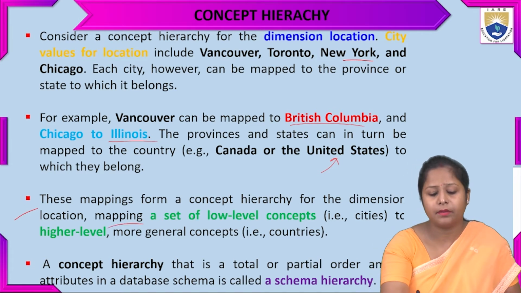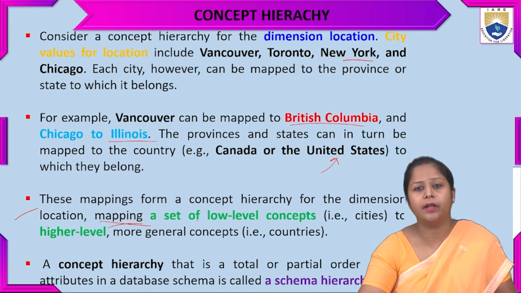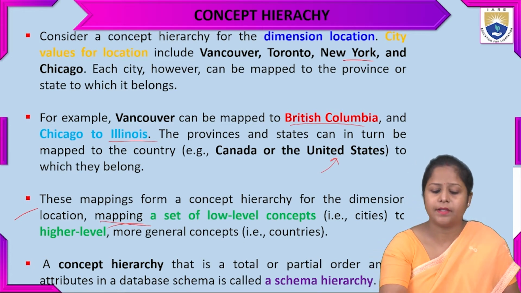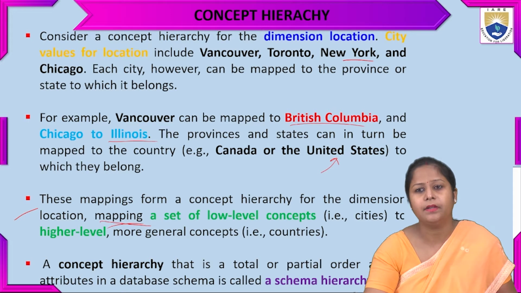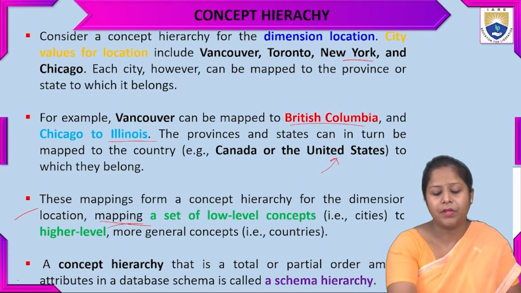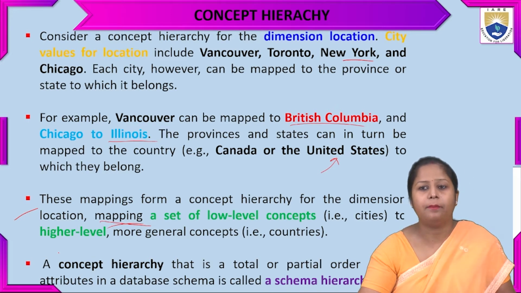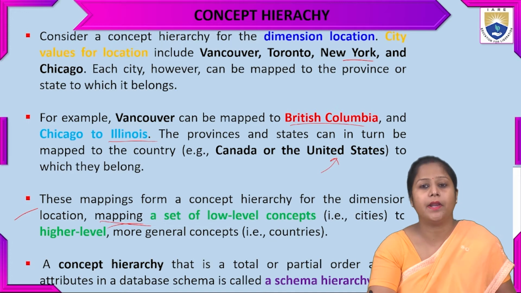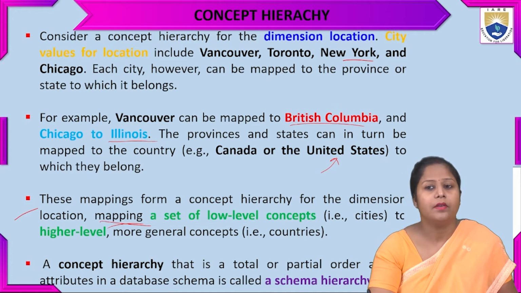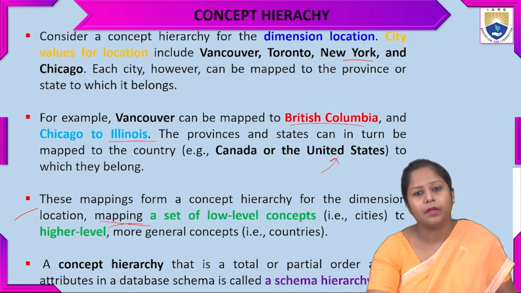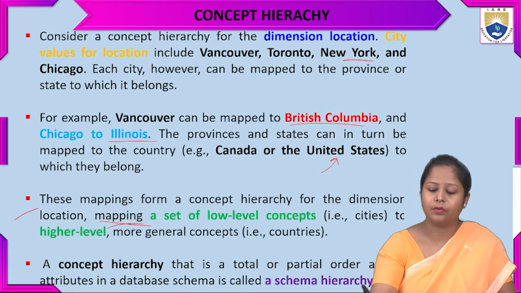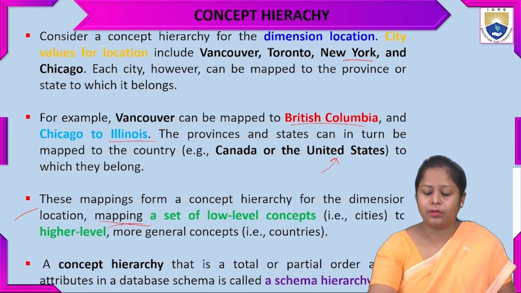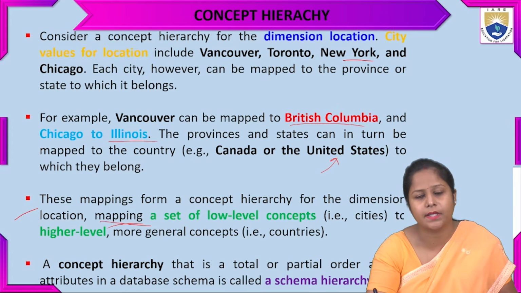There is a mapping of a set of lower level concepts, that is city, to the higher level, that is nothing but the country, right? So the concept hierarchy is a total or partial order among attributes in the database schema, right? So concept hierarchy is nothing but an order among the attributes for the whole of the database schema.